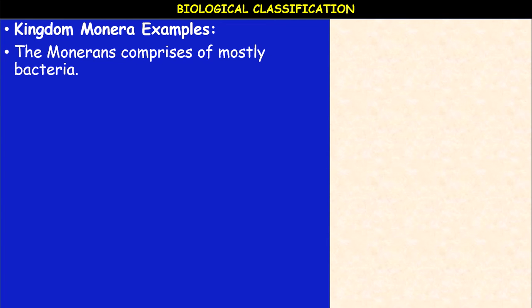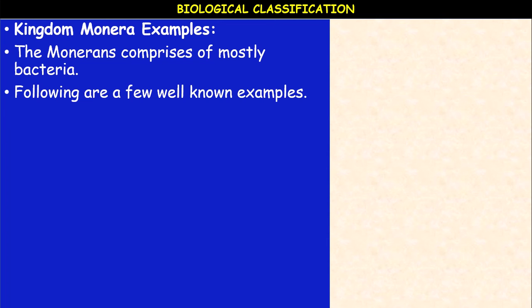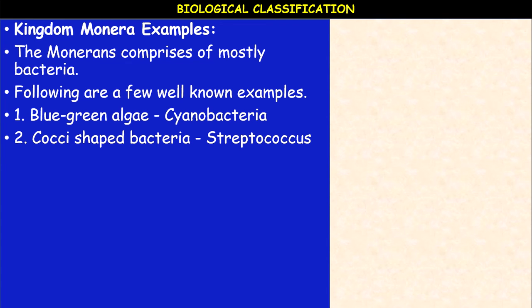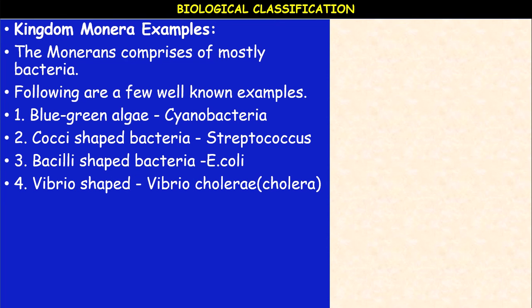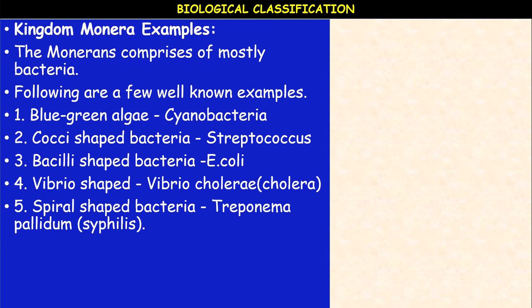The kingdom Monera examples. The monerans comprise mostly bacteria. Following are a few well known examples: blue green algae, cyanobacteria, cocci shaped bacteria like Streptococcus, bacillus or rod shaped bacteria like Escherichia coli, vibrio or comma shaped bacteria like Vibrio cholerae, spiral shaped bacteria like Treponema pallidum, the syphilis bacteria.